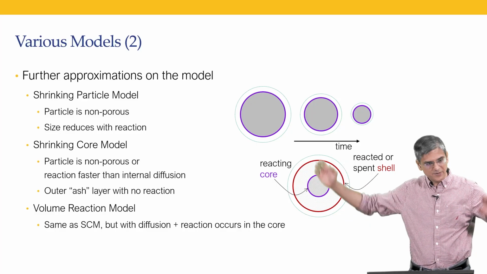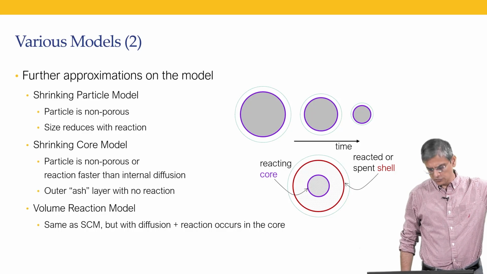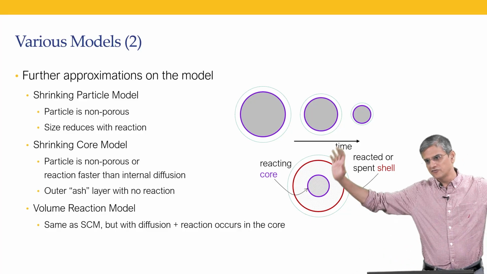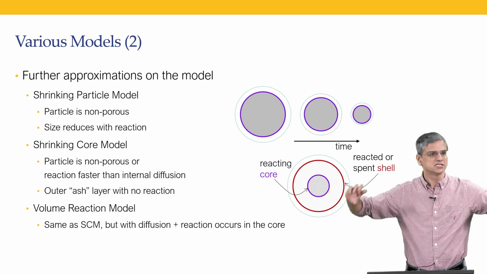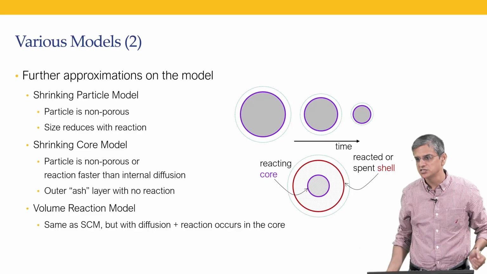With respect to this extreme where the reaction is taking place only on the surface, we will consider the case where the particle shrinks. For this extreme we will consider the case where the non-reacting shell is formed.